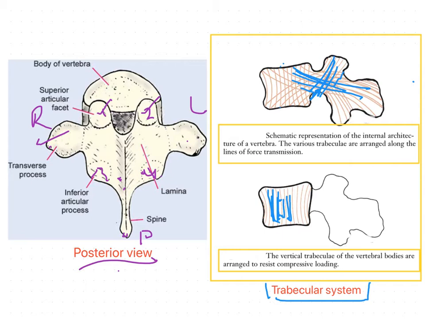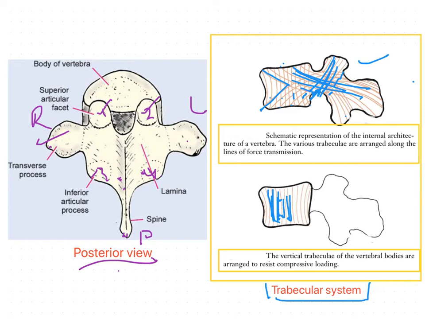When the trabecular systems are viewed together, all vertical, oblique and horizontal, some area appears to be weak on the anterior aspect because only the vertical trabecular system is present. In the remaining parts of the vertebrae there may be a combination of oblique and vertical, or oblique and horizontal trabecular systems.